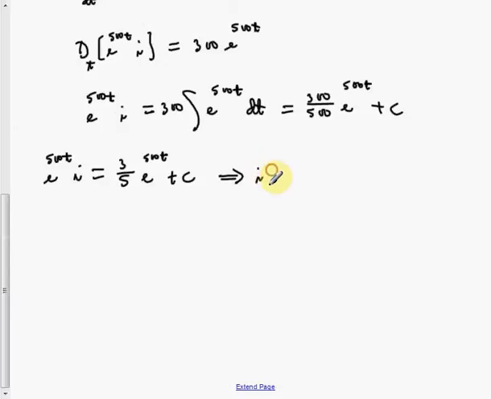So we have I, or I of t, if you will, is equal to 3 over 5 plus c times e to the negative 500t. And I think it gave us the initial condition that I of 0 was equal to 0.